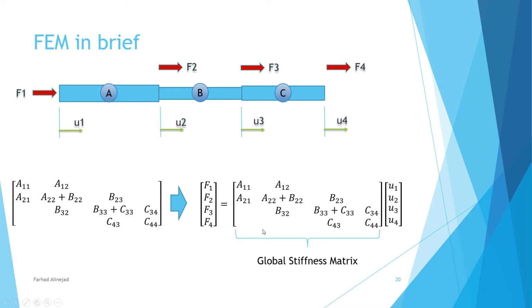We call this new matrix the global stiffness matrix, and we call it global because it connects all the displacements of the system to the force vector of our system.